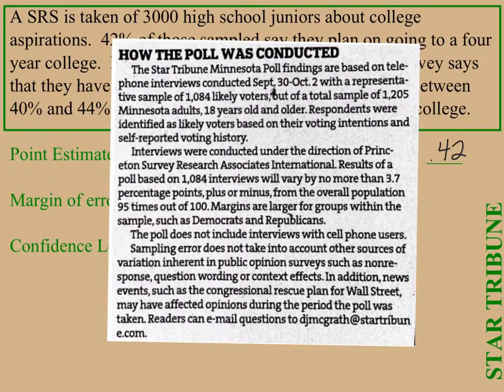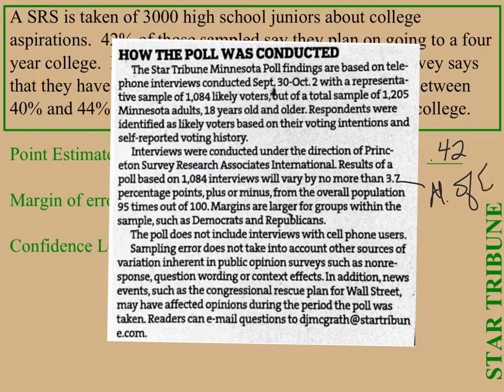And you can read the whole thing, but what I really just wanted to highlight was how it was conducted. It says the results of the poll will vary by no more than 3.7 percentage points. So that's our margin of error. Okay.